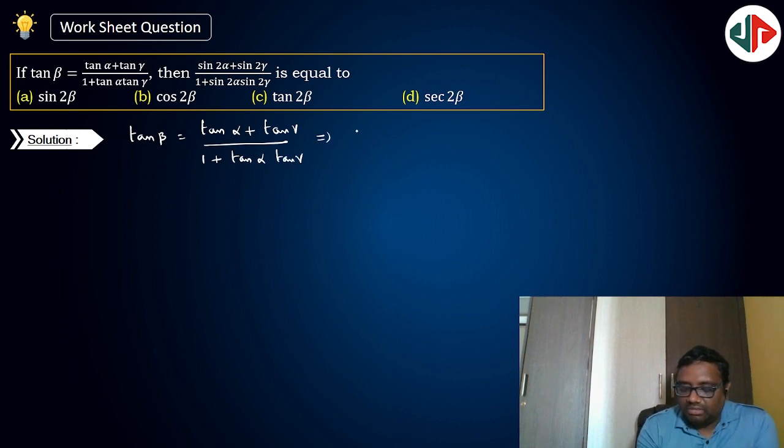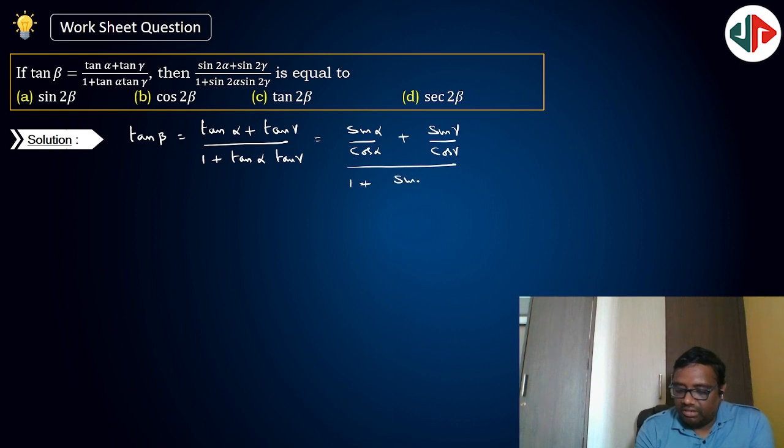If you do the cross multiplication, better convert everything in terms of sine by cos. We can rewrite this value as sine alpha by cos alpha plus sine gamma by cos gamma by 1 plus sine alpha by cos alpha into sine gamma by cos gamma.